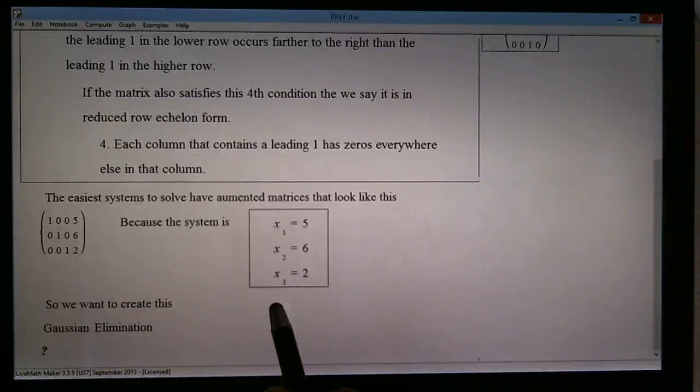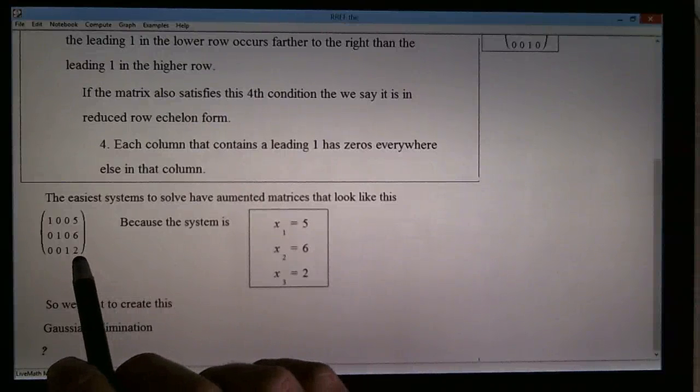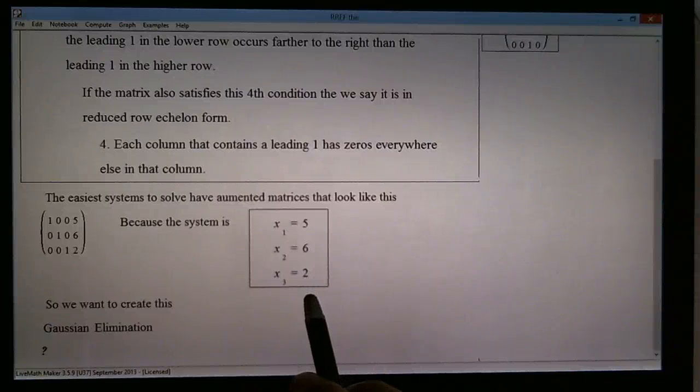What's an algorithm for turning a system into an augmented matrix, and then that augmented matrix into a nice augmented matrix, and then getting a good answer out of that? The method that we'll look at is called Gaussian elimination, or an enhanced version of it is called Gauss-Jordan elimination, and we will look at that in the next video.